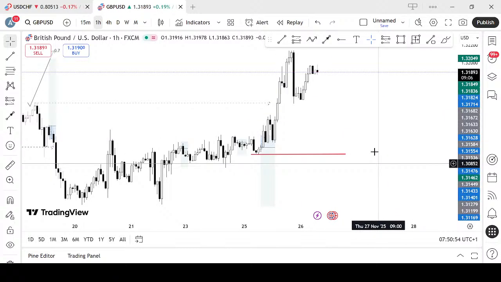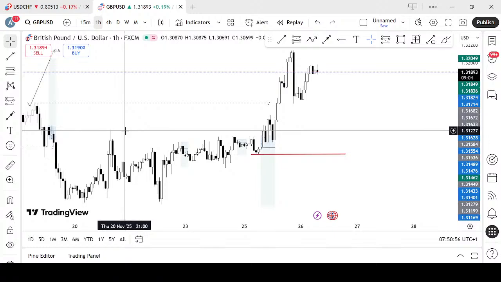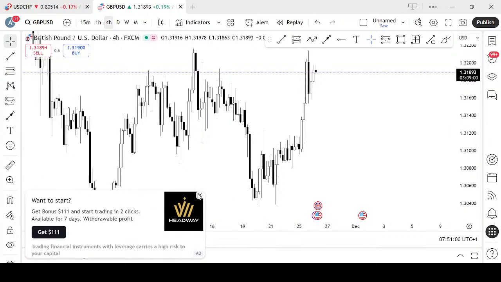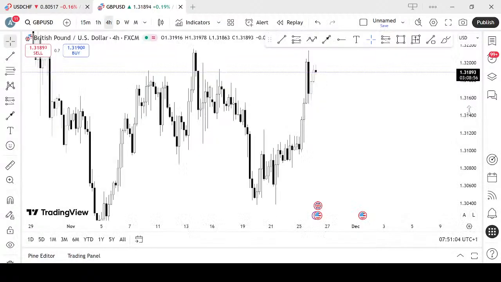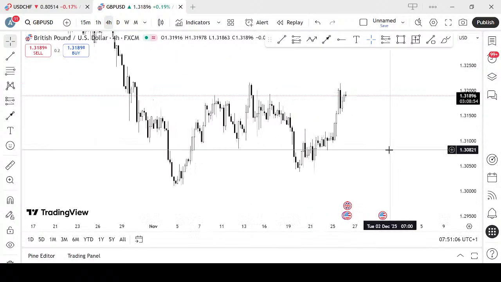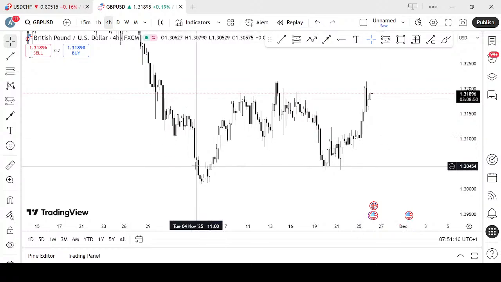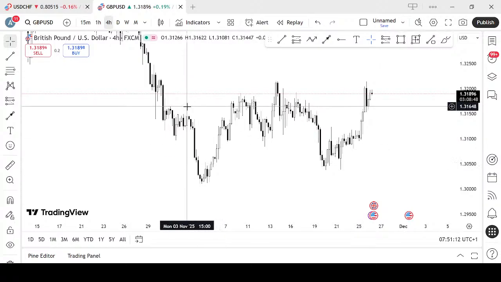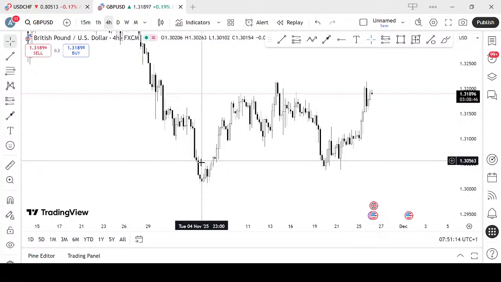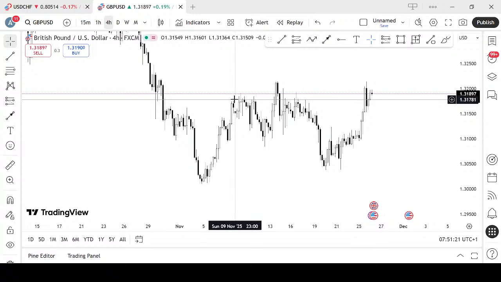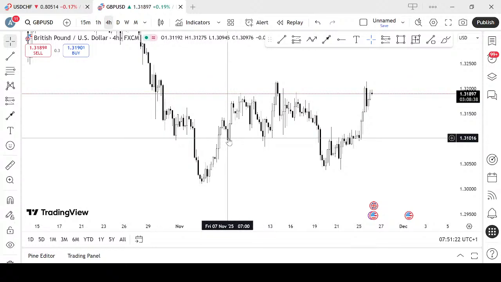On GBPUSD, on the 4 hour, the last break of structure. Okay, let's mark it up from here. There's a high, a low formed. We took out this high to form the new higher high, broke to the upside here, and that was powered by this low right here.